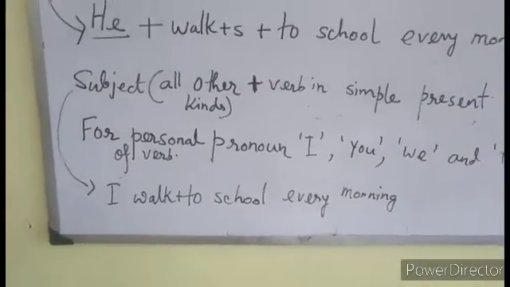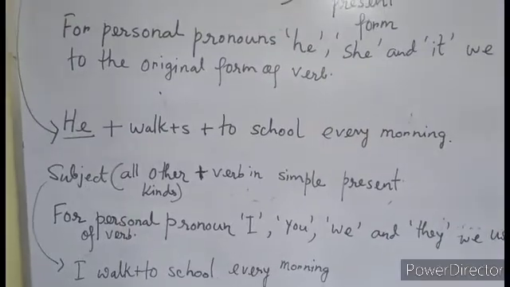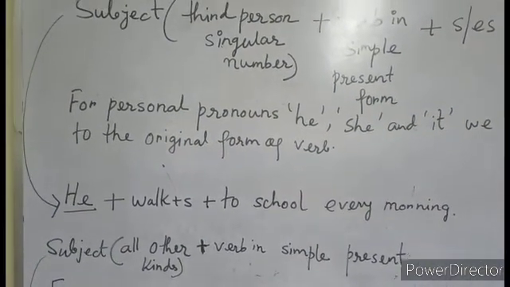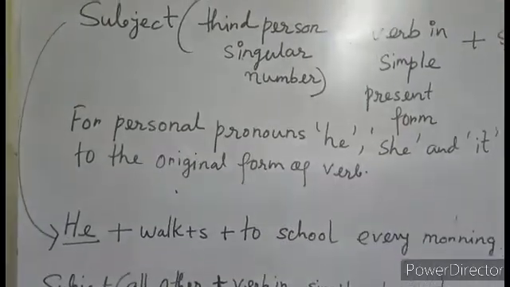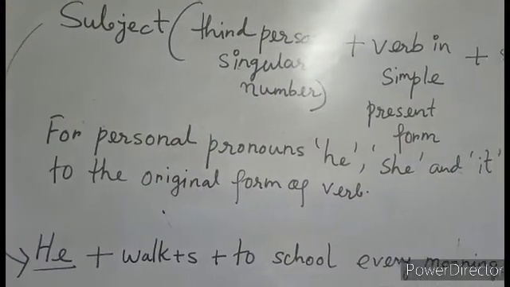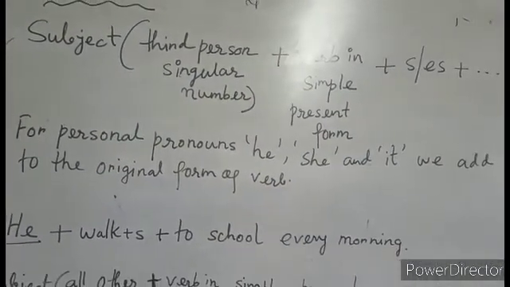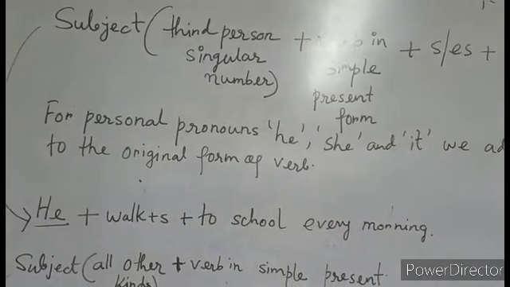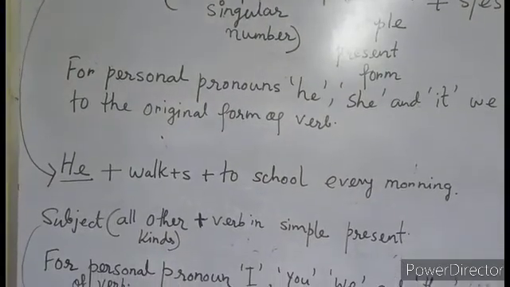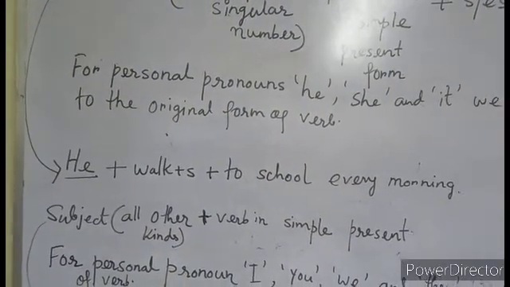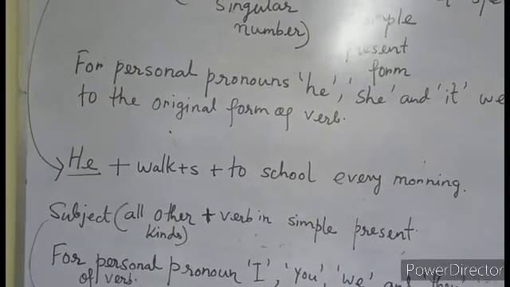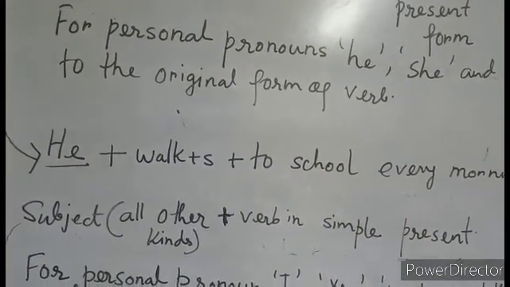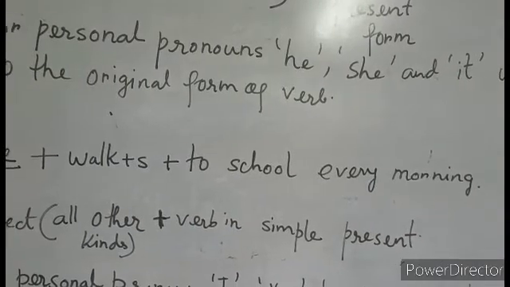So you have to remember this way to write a sentence in simple present tense. If it is third person singular number, first the subject, then the verb, then s or es, then the rest of the sentence. Except third person singular number, first the subject, then the original form of the verb, then the rest of the sentence.